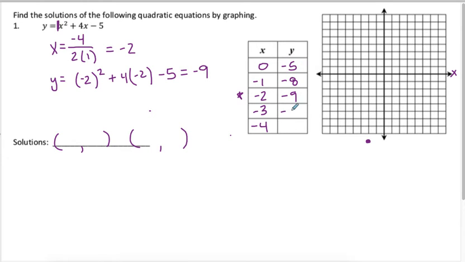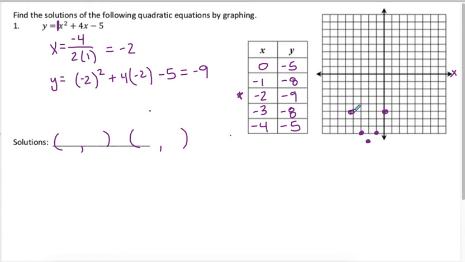Okay, so this does mirror the axis of symmetry, so we do have those 2 sides here. So we have -1, -8, so we're going to be here. 1, 2, 3, 4, 5, 6, 7, 8, and the opposite side. And then we have 0, -5. 1, 2, 3, 4, 5.